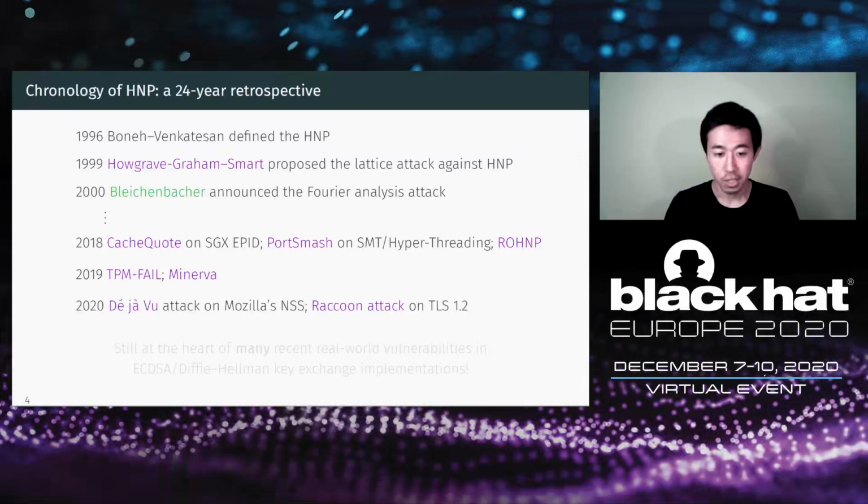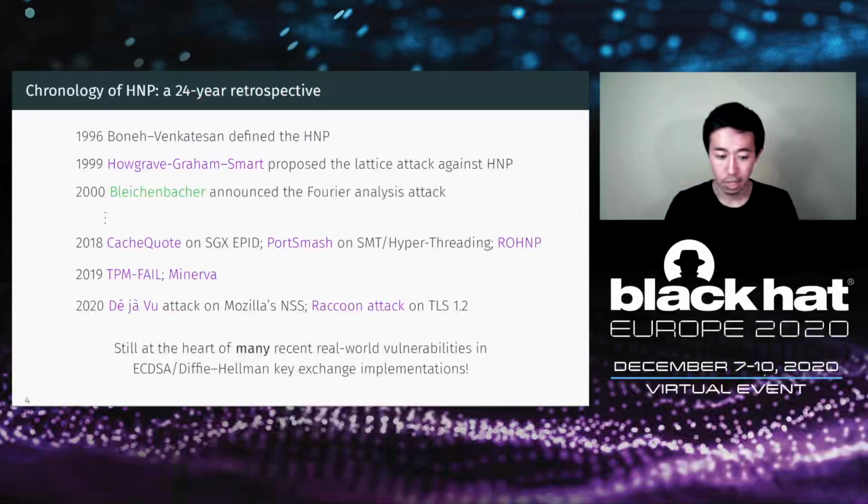All these vulnerabilities essentially rely on the same hidden number problem. Concretely, by solving the hidden number problem, the attacker can steal the secret ECDSA key, or in the case of the Raccoon attack, the attacker can steal the shared secret key of the Diffie-Hellman key exchange. So this is why it's very important to study the hidden number problem and to evaluate the concrete attack cost in the hidden number problem.